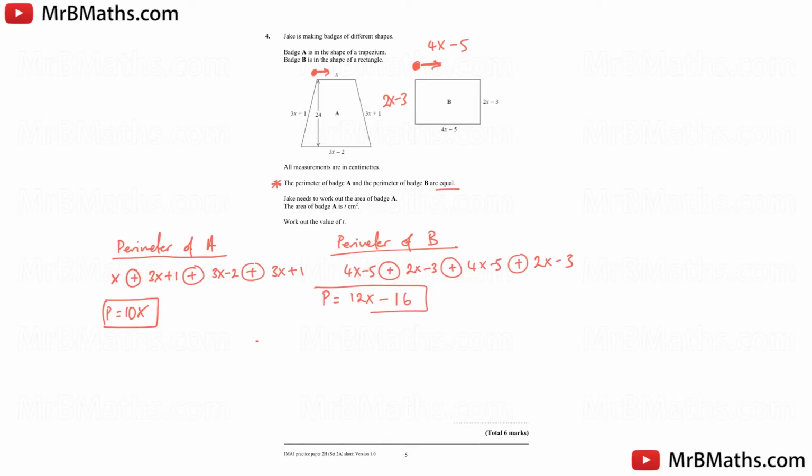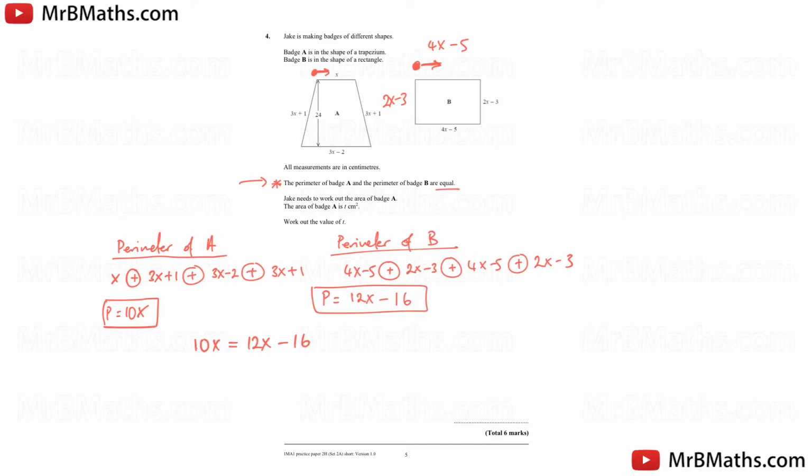So we've got our 2 perimeters for each shape. Now this is the sentence that we needed. They are equal, so we can say that P equals P, and therefore we get 10x equals 12x minus 16. So we need to find x, so we can do some rearranging.